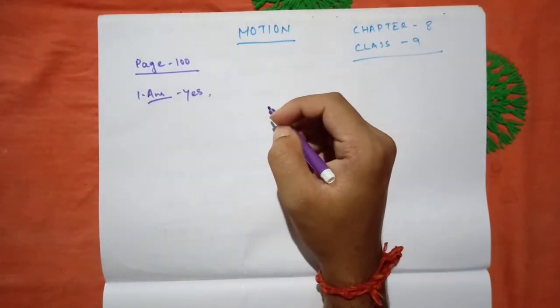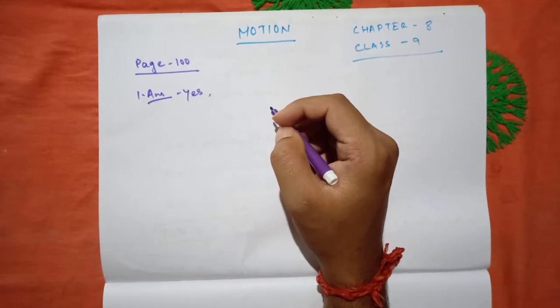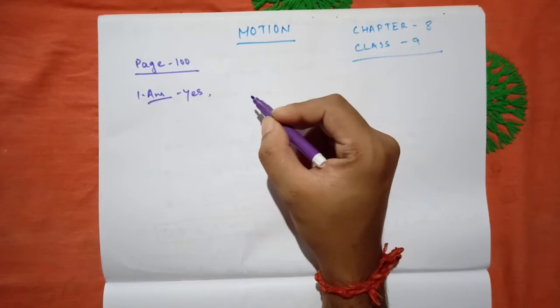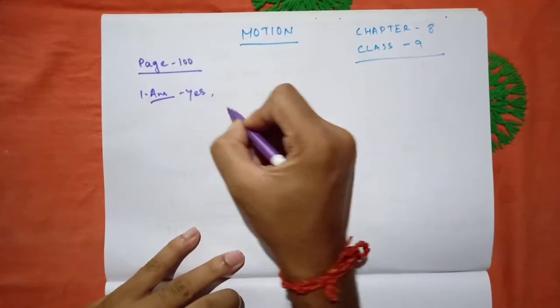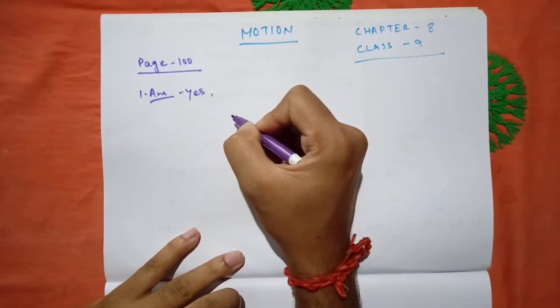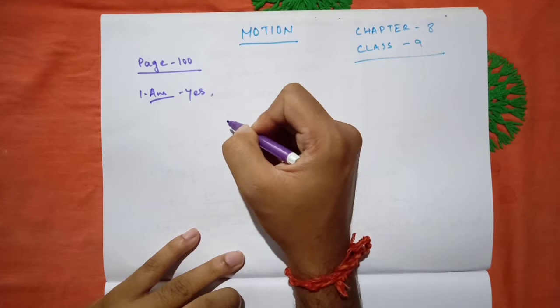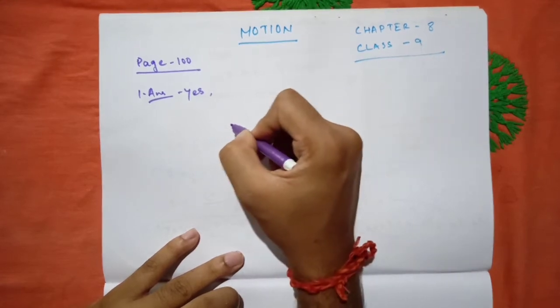How? An object has moved through a distance, yet it can have zero displacement. If an object travels from a point A and reaches the same point A, then its displacement is zero.